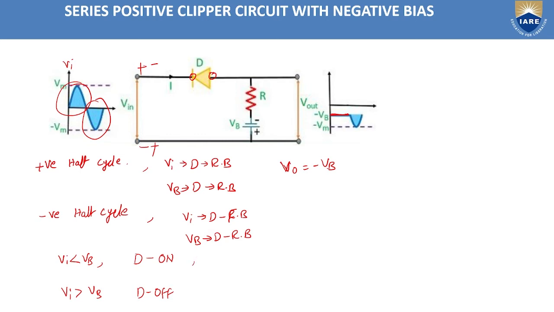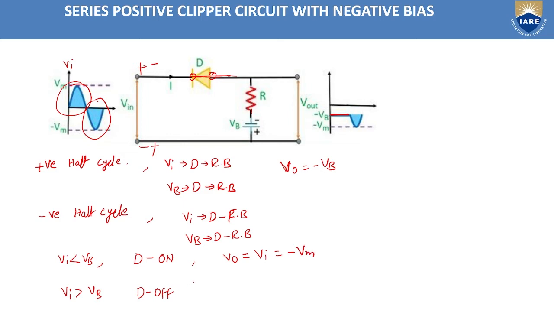Once the diode is conducting, there is no drop here, it will pass the signal to the ground. At this condition, we will get the output voltage equal to the input voltage, that is equal to minus Vm.